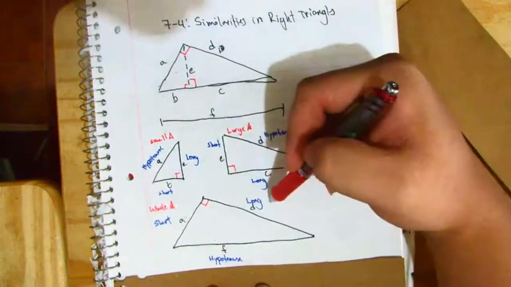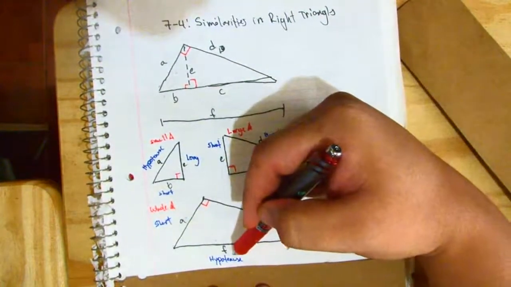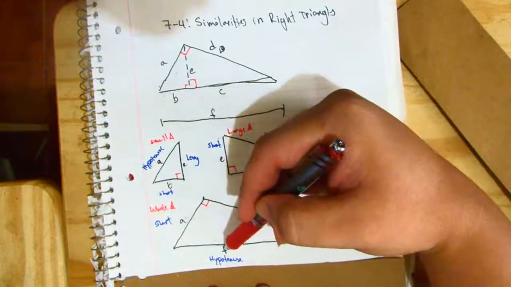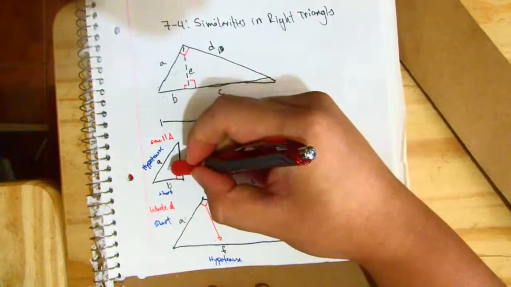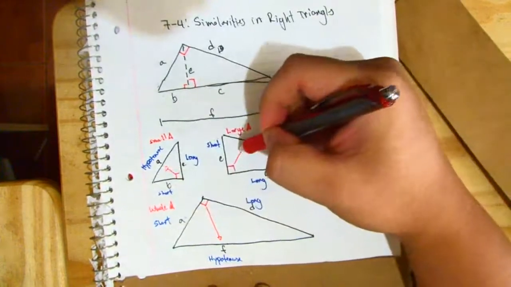This is the short leg, this is the long leg, and this is the hypotenuse. Why is it the hypotenuse again? It's the opposite side of the right angle. This just makes it easier for you to see the hypotenuse.